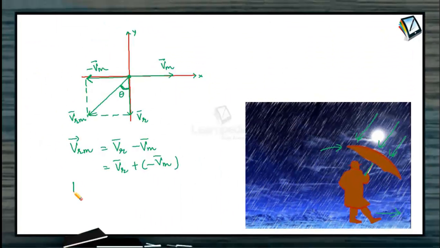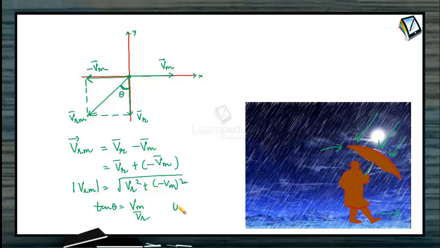Magnitude, if you are taking the magnitude of rain with respect to the man, it will be under root of Vr square plus Vm square. And at what angle does the rain appear to fall? Tan theta will be equal to Vm by Vr, or theta will be equal to tan inverse of velocity of man by velocity of rain.